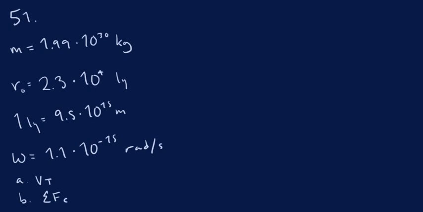So we're going to focus on tangential velocity first. So Vt, as we've done again and again, is equal to r times omega. And we are given both r and omega.